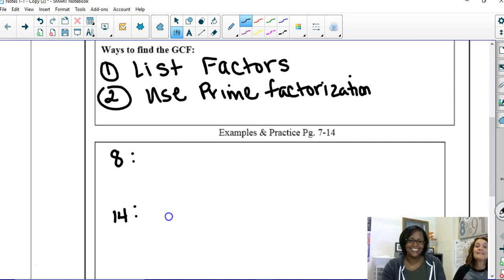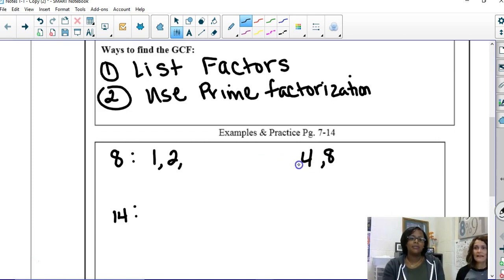So the list or the rainbow way that we were talking about: I would do 1 times 8, and then I would go 2 times 4, and then I left a lot of space because does 3 times anything? Nope. And then when I get to 4, I am repeating.